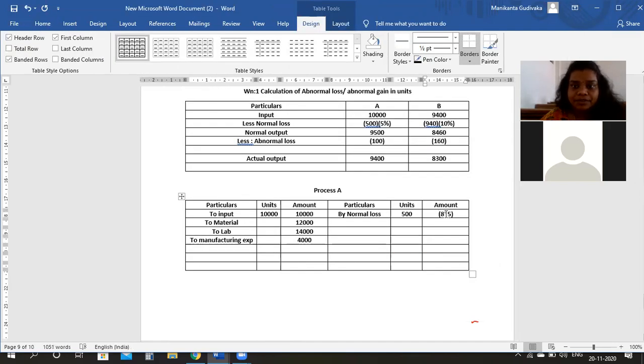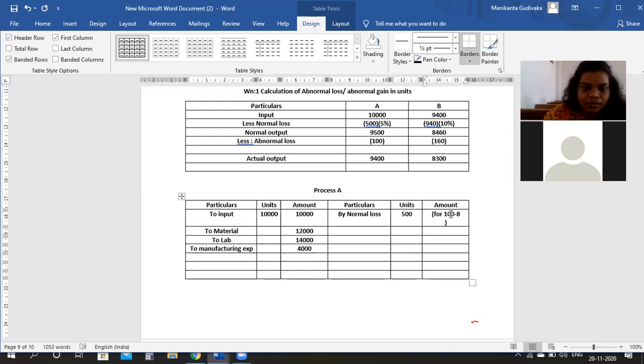What did you do, Shivani? You directly did 500 into 8. No, you can't do 500 into 8. It should be like this: for 100 units, it is 8 rupees, no?